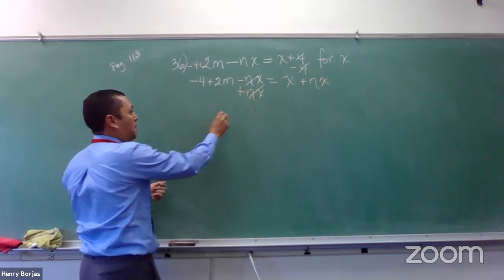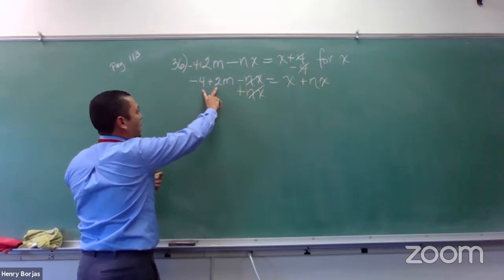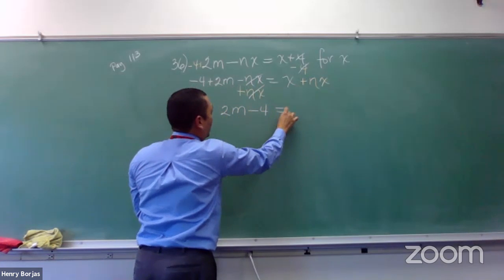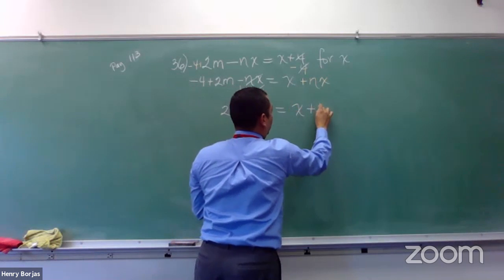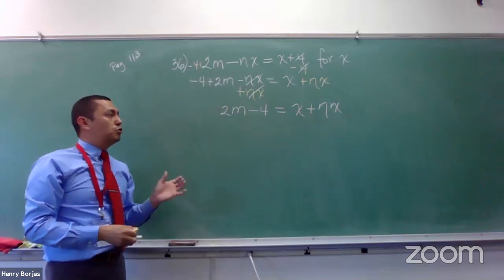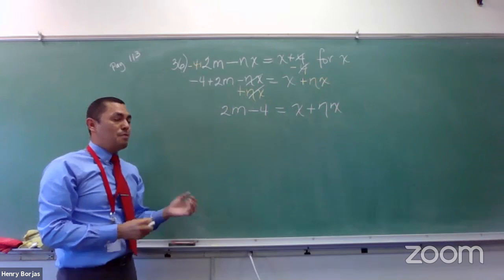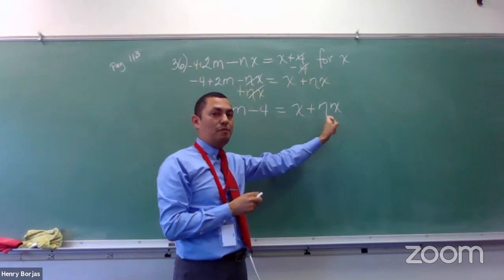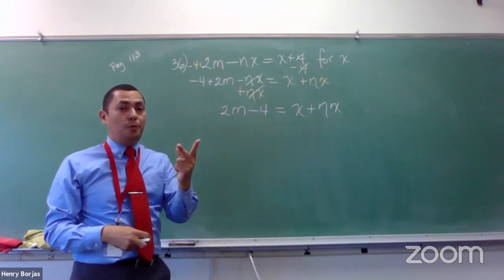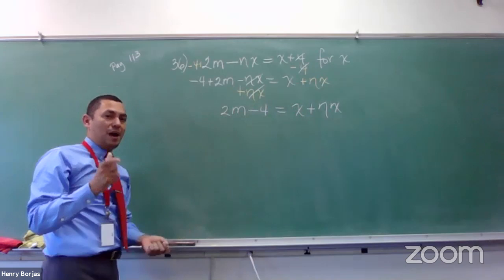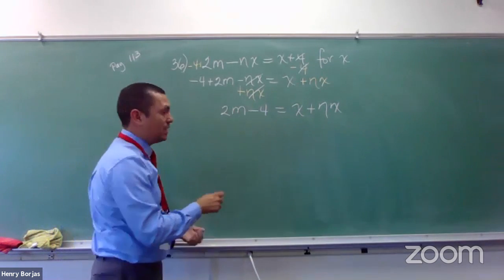Cross out, so I'm going to switch this one: 2m minus 4 equals x plus nx. What I'm going to do next, remember, always keep on track. You're solving for x. You're solving for x. But you have 2. What we're going to do, common factor. We're going to factorize by common factor in this case.